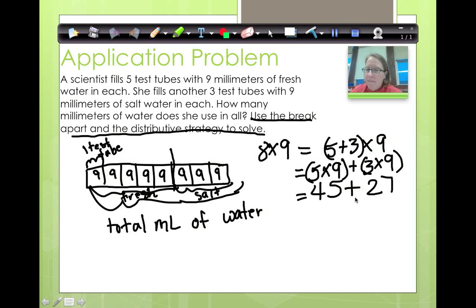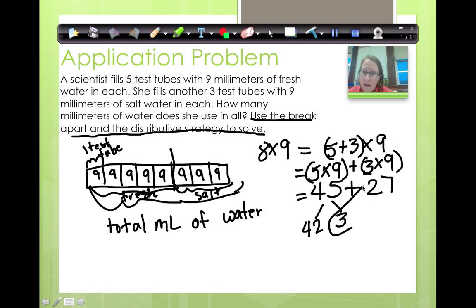I can't really add it up like that. So I'm going to make this one easier. What would it take to make that one be a 10? Well, if I take 3 out from here, this would be 42, right? So now I can add it to here.